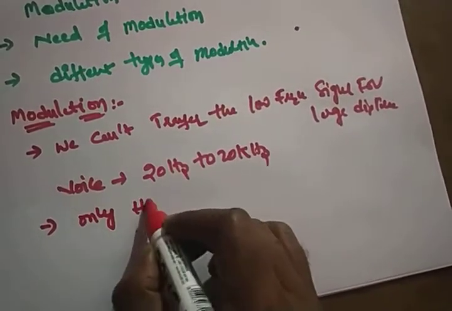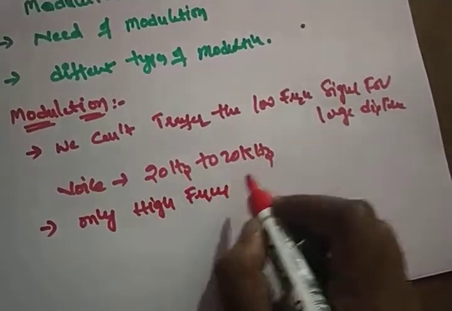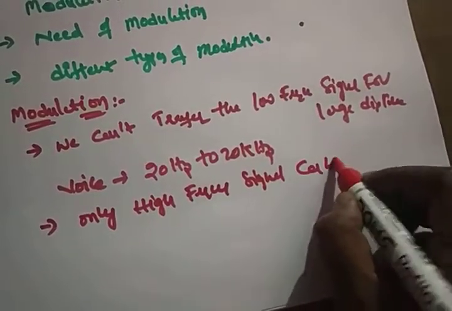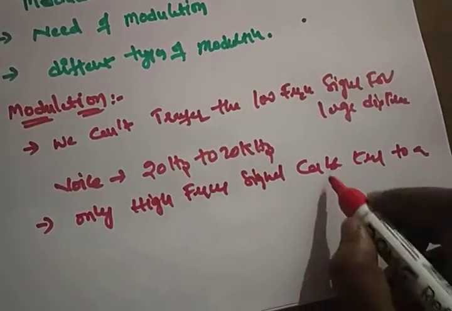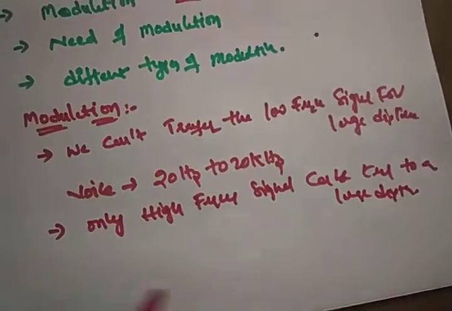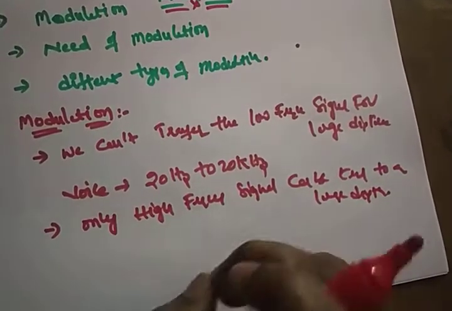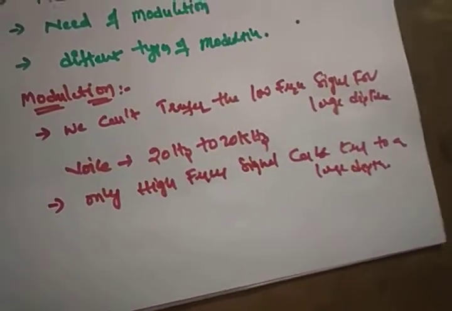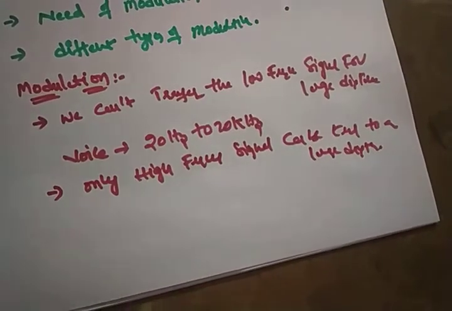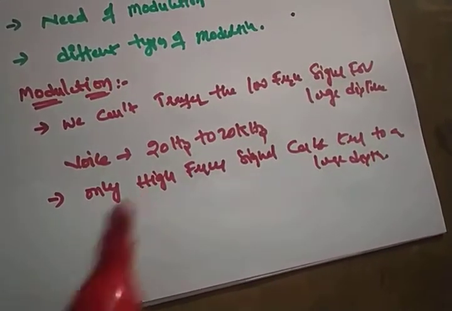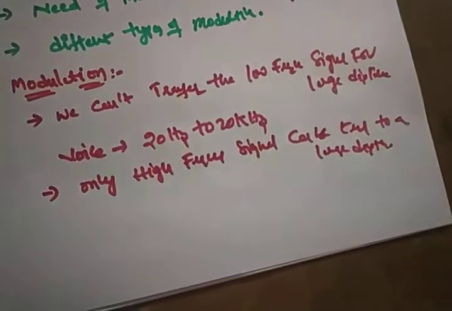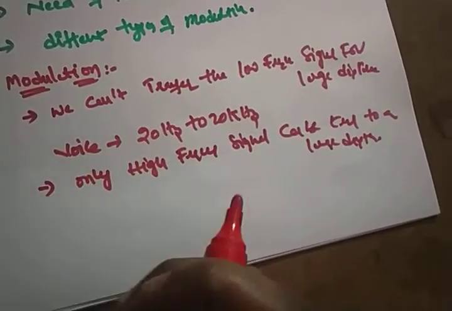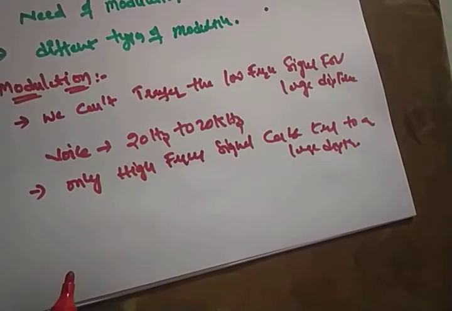Only high frequency signals can be transferred to large distances. So what should we do for my low frequency signal to transfer large distances? You have to combine this low frequency signal with a high frequency signal in order to transfer it a large distance. That process we can call modulation.